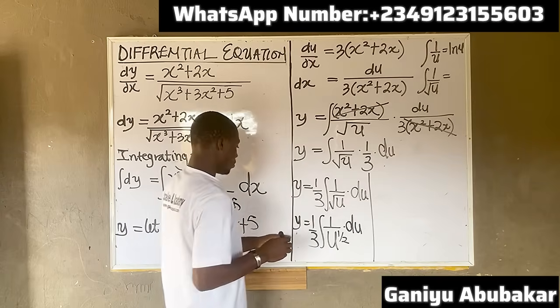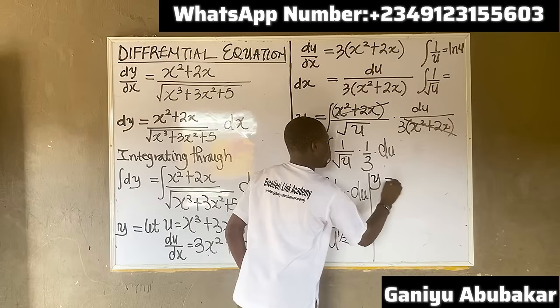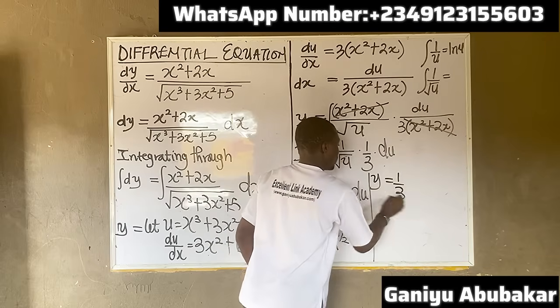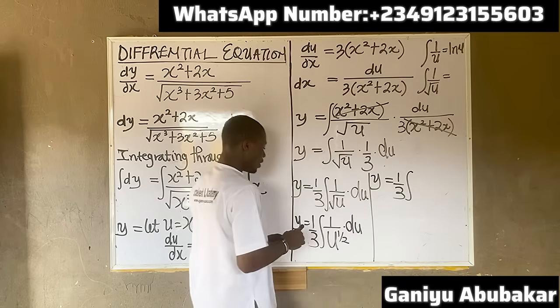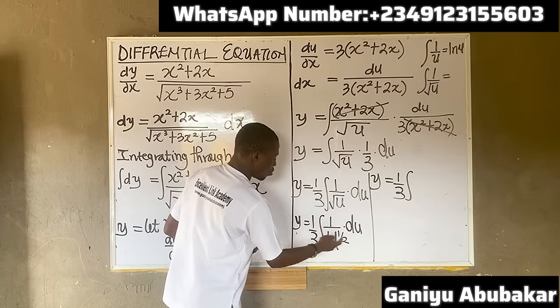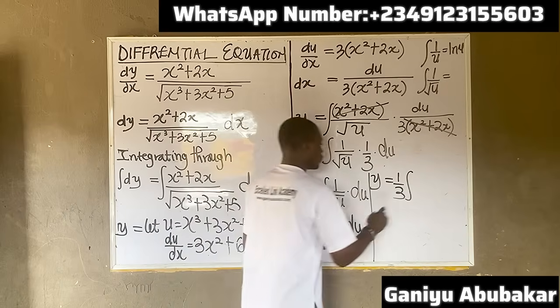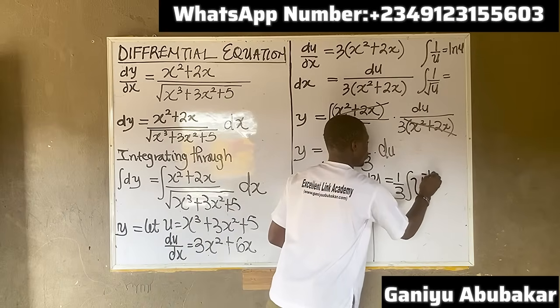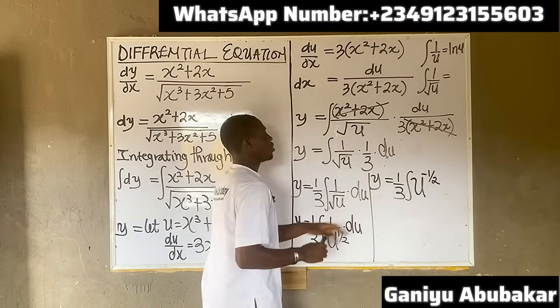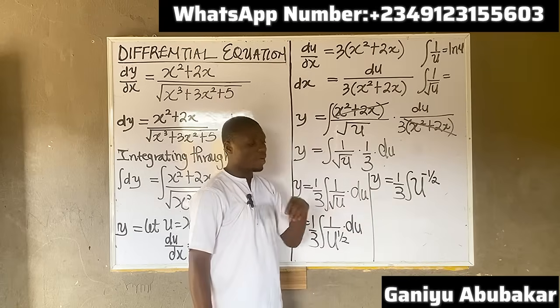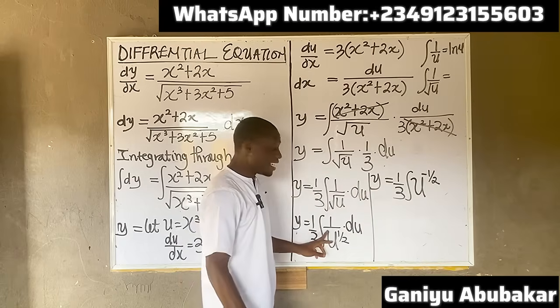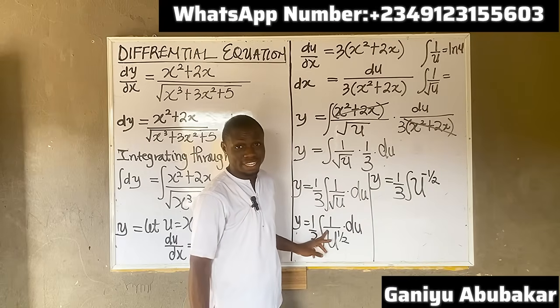Observe, please. This gives you y equal to 1/3 the integral of, if I take this 1/2 and the u up, that gives you u to the power minus 1/2. So this one here and this are the same thing, from the idea of indices, the negative index law.